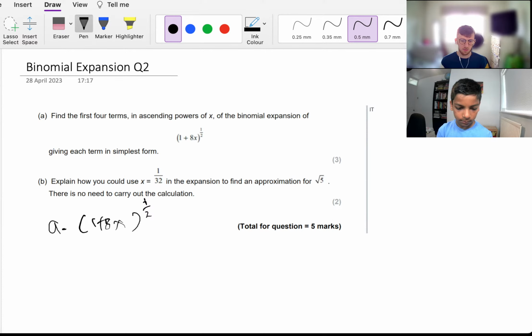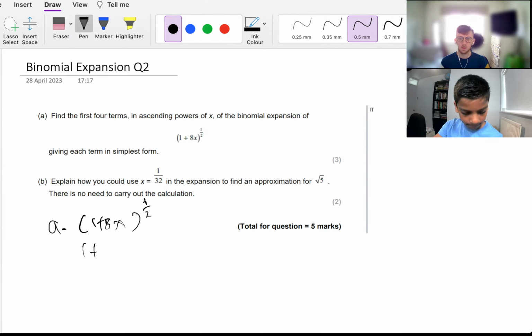So what's always the first term? If it's 1 plus bx, the first term is always 1. Brilliant, so that's that one done. 1, and then the next term is just the number times x divided by 1 factorial, which is just 1.